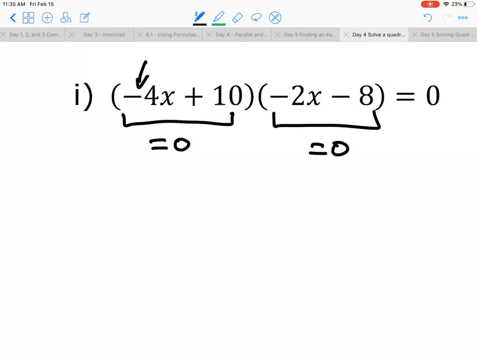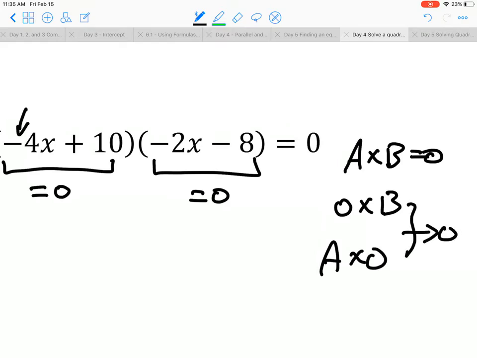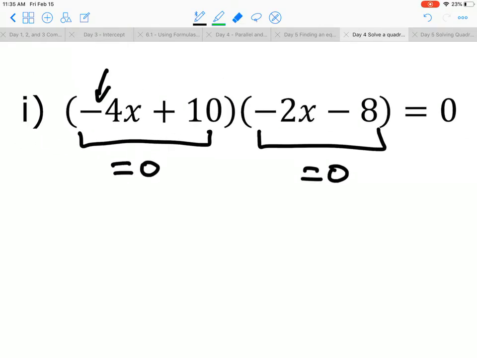As long as there are brackets and something inside of it, in order for you to solve it, you need to make them 0 so that it becomes a times b equals 0, or sorry, a times 0, so both become 0, right? We're using this zero product property. Basically, multiplying anything by 0 is 0. So find the number that results in this first bracket being 0.